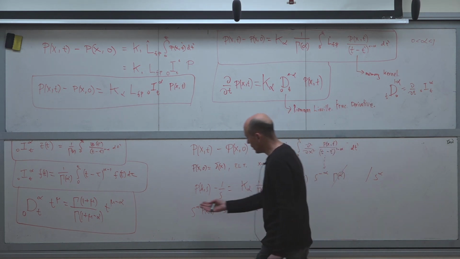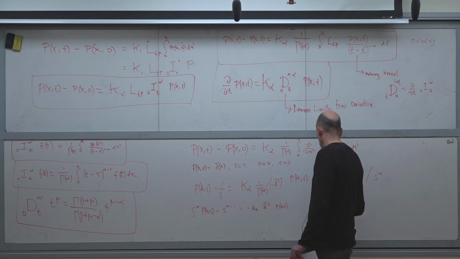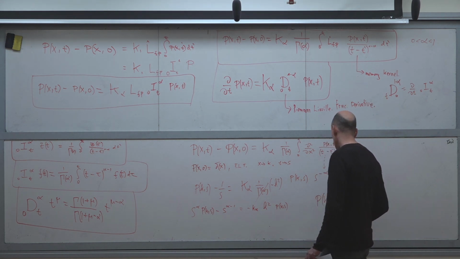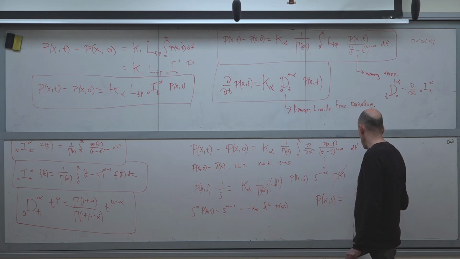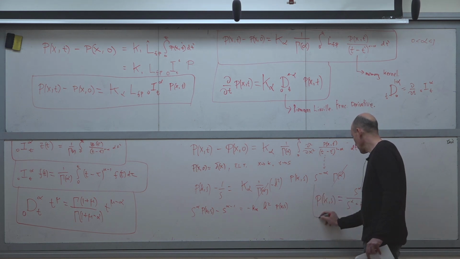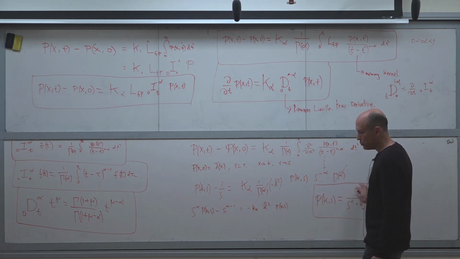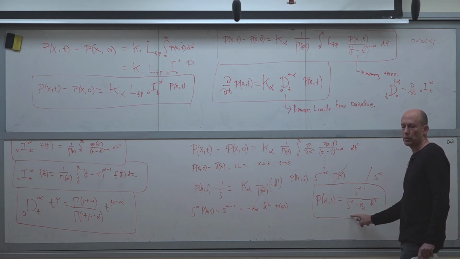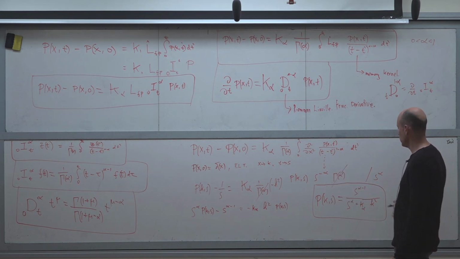I can take this one to the other side, so P(k, s) in Fourier-Laplace space is equal to s to the alpha minus 1 over s to the alpha plus K_alpha k squared. What is this object? This object is the solution of the fractional diffusion equation in Laplace-Fourier space. If I can do the inverse Fourier-Laplace transform, I can solve this problem.